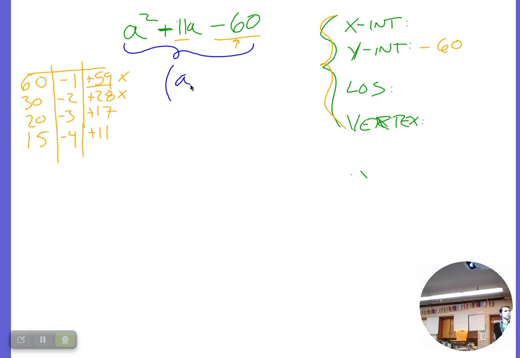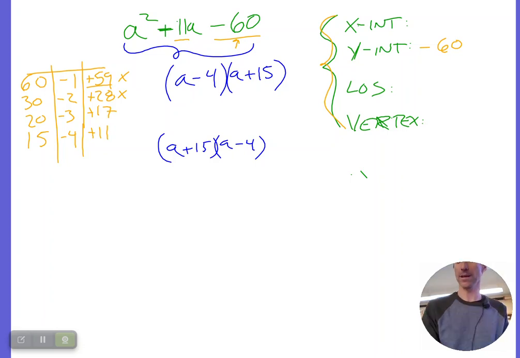A minus 4, times a plus 15. Now, does it matter if I did this, a plus 15 first? Does this change anything? No. Okay.